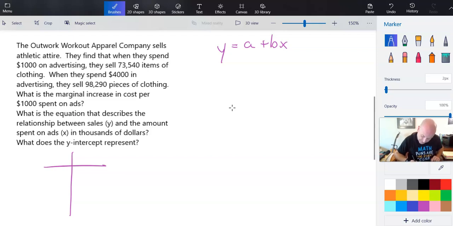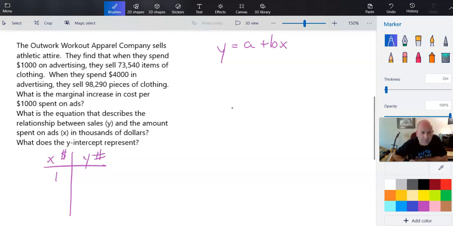And we're actually told that the amount spent on ads is X, but that's in dollars. And then Y is the number of items of clothing we sell. Now, since X is in thousands of dollars, if you look at this, $1,000 is just one of those thousands of dollars.